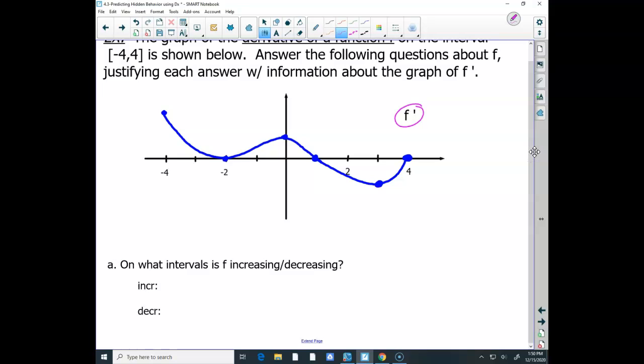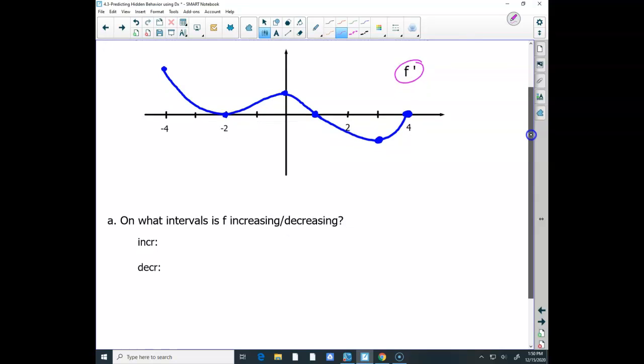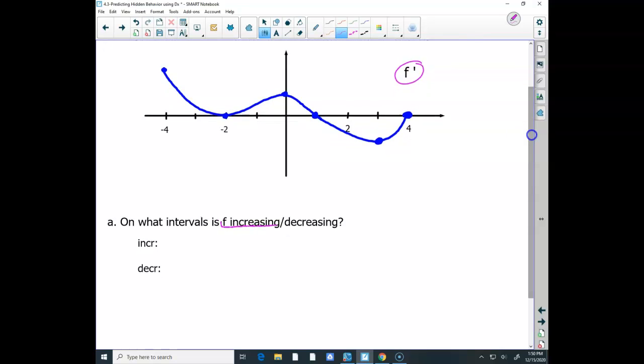On what intervals is f increasing? Well, if f is increasing, what do we know the derivative is? If f is increasing, I know f prime has to be greater than 0, don't I? Hey, there's my justification.